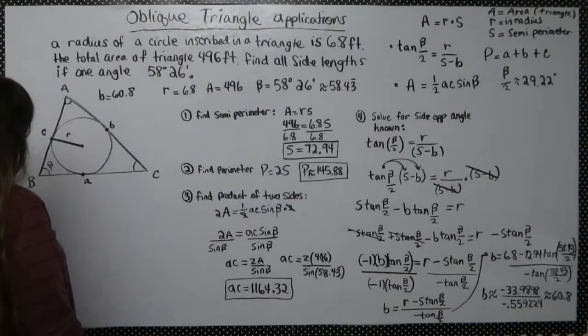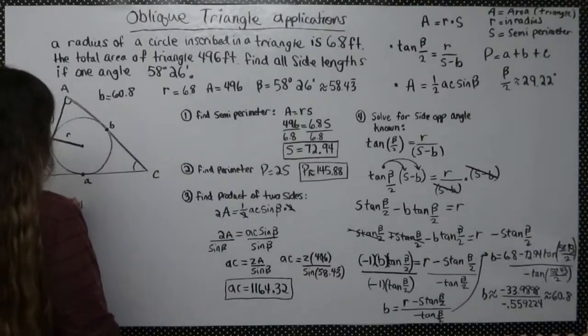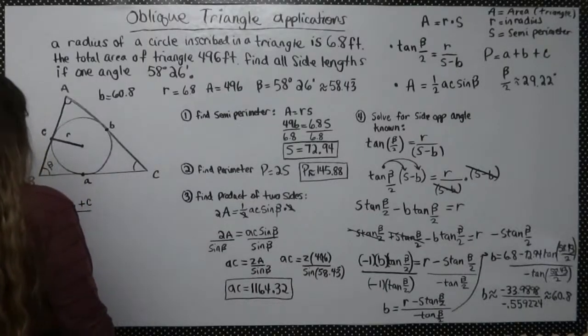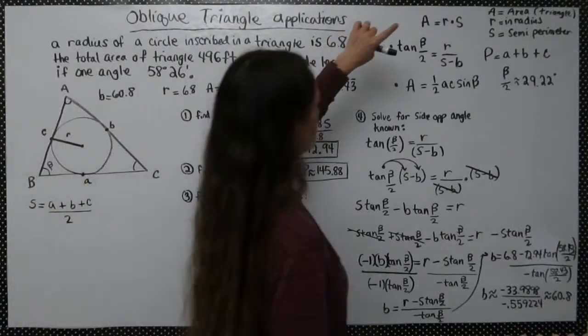So we have the semi-perimeter S equals A plus B plus C, the perimeter, divided by 2. We used a different formula earlier to calculate it.